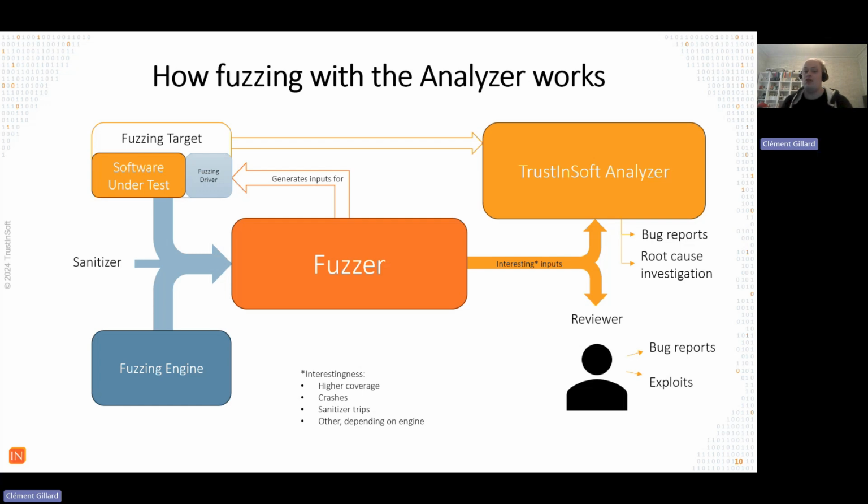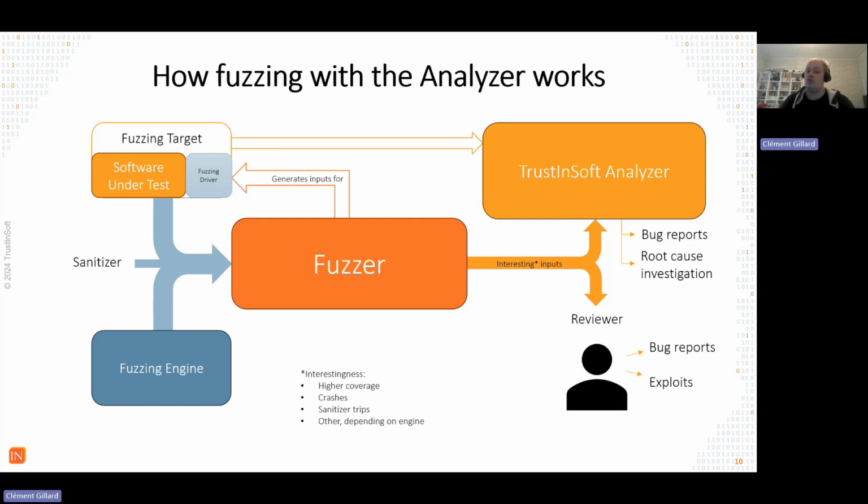Then the reviewer can use those interesting inputs to figure out whether there is an actual bug and you need to file a bug report, or whether there is a potential exploit and there might be some security issue in the application. Now, interesting inputs, typically that's going to be some code coverage, branch coverage.